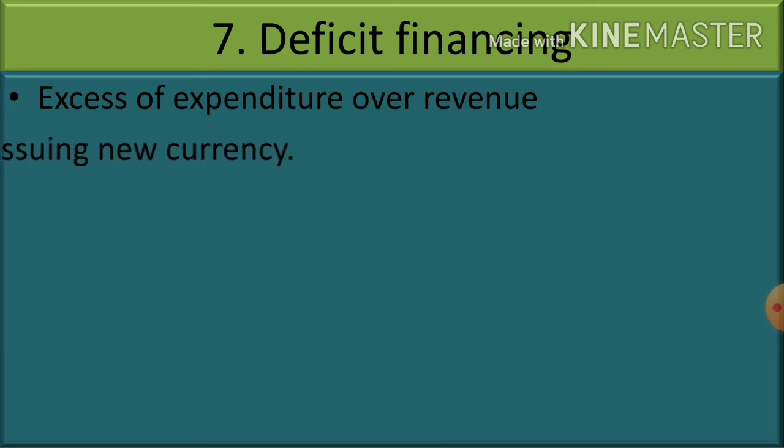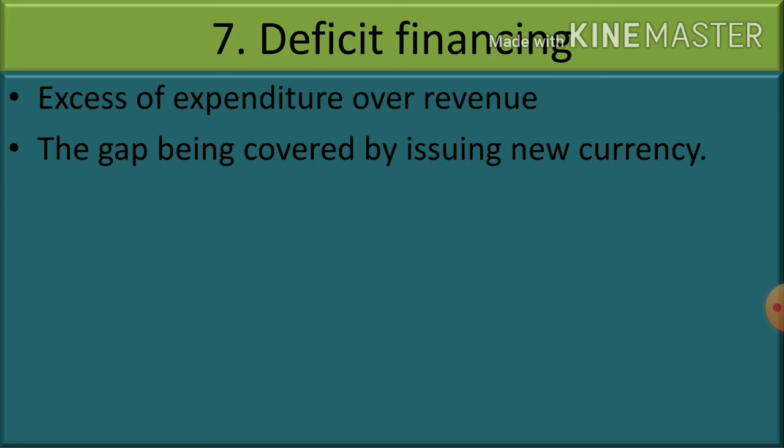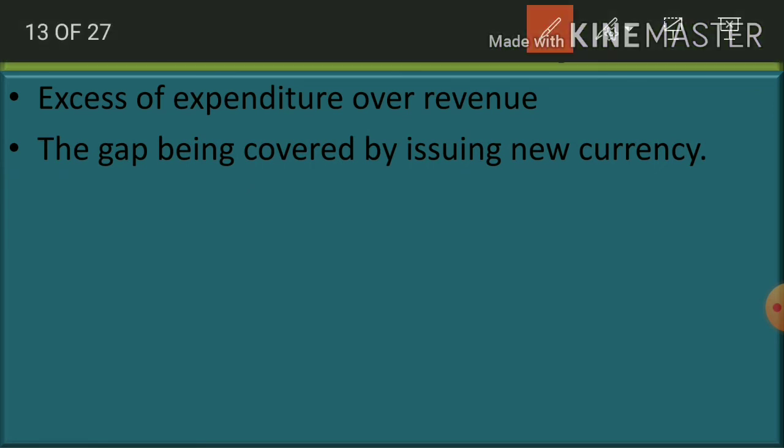So in this case, this gap between expenditure and revenue is covered by issuing new currency in the economy. That means for this gap the RBI issues new currency in the economy.